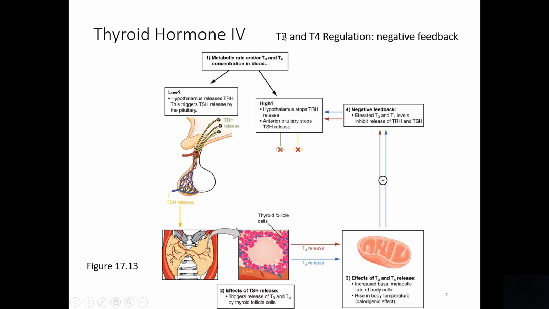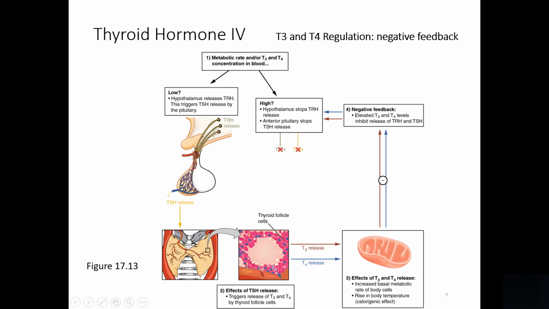Now, how is thyroid hormone production regulated? Through negative feedback. It all depends on the concentration of those hormones in the blood. If thyroid hormone concentration in the blood is low, we don't have enough. Our hypothalamus produces TRH, thyrotropin releasing hormone.